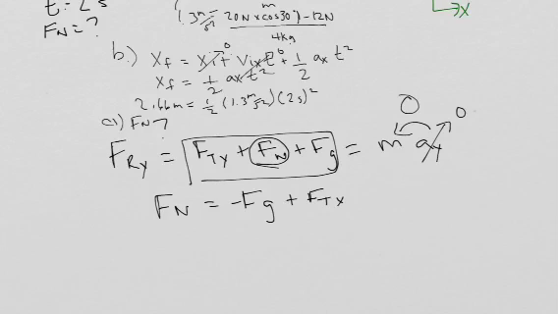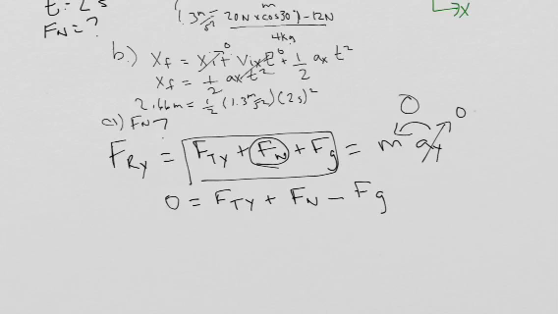Okay? Correction. What are the positives? What are the negatives? Right now they're all positive, and that's not the case. I know that 0 is going to be equal to my two positives here, Fty plus Fn, because they're going upwards, minus Fg. So in order to figure all of this out, I've got to start substituting what I know.